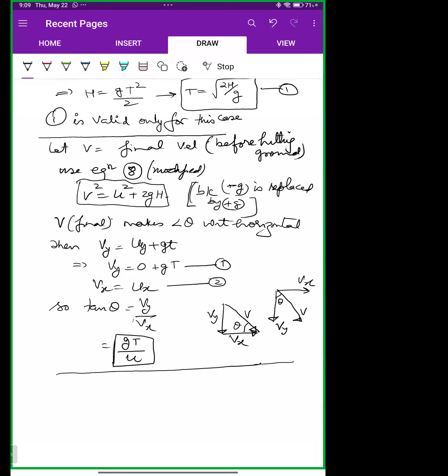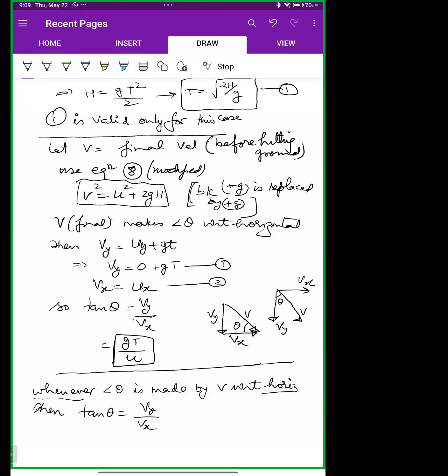Now, remember, whenever angle theta is made by V with respect to horizontal, then always tan theta is Vy by Vx.